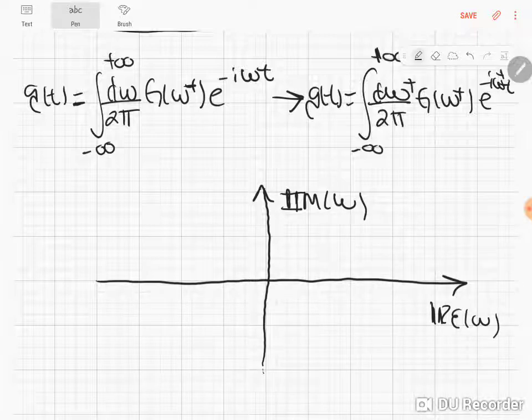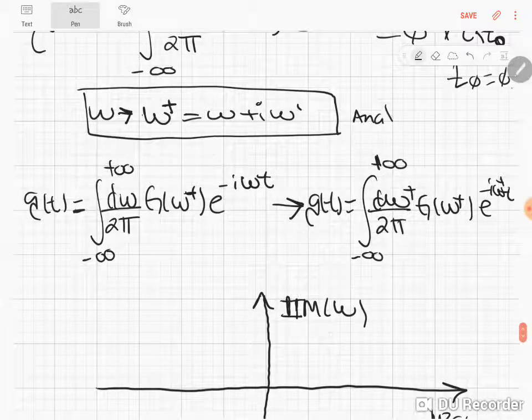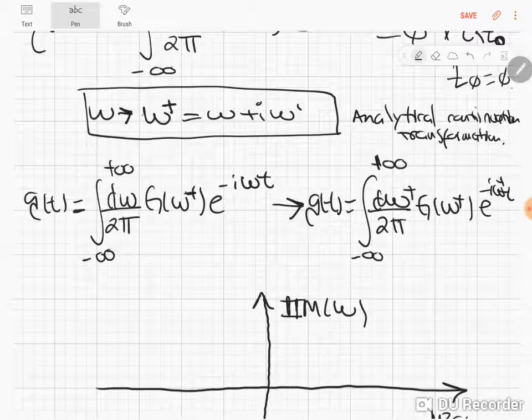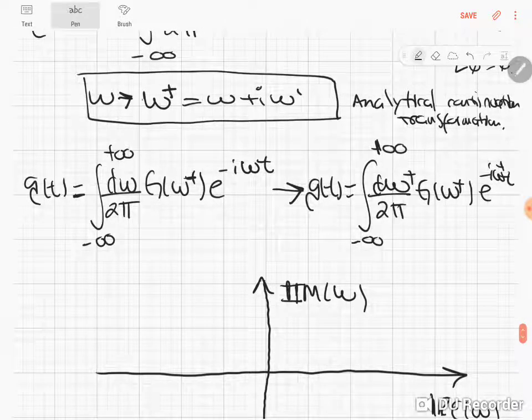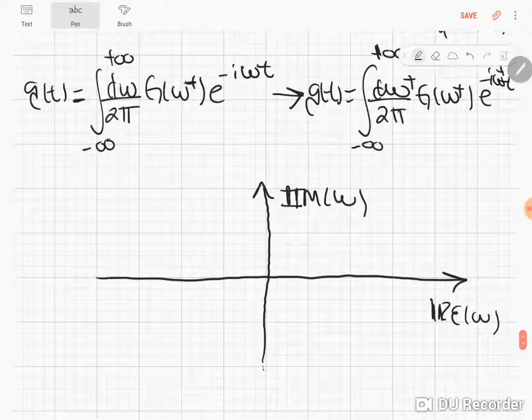Originally, before the analytical continuation transformation, the Green's function g of omega had all the poles on the real axis. The poles of the Green's function were just on the real axis, wherever you want to put the poles.